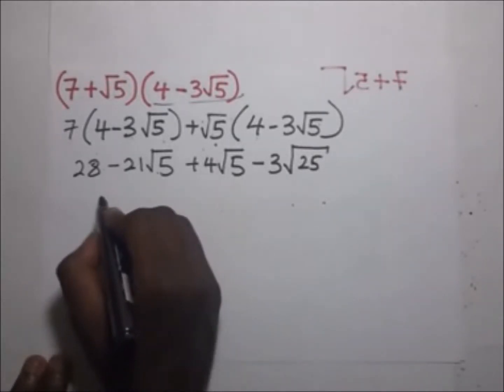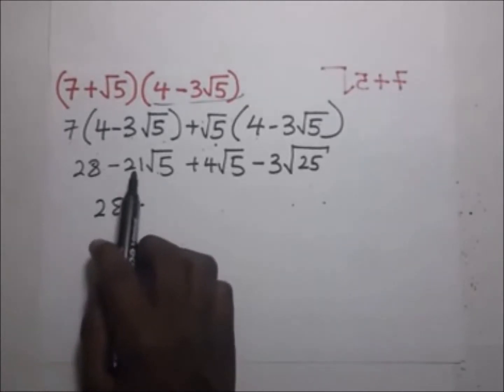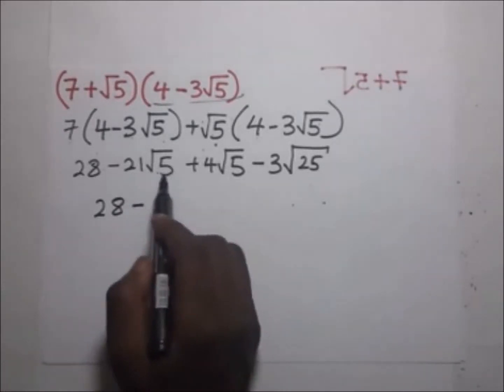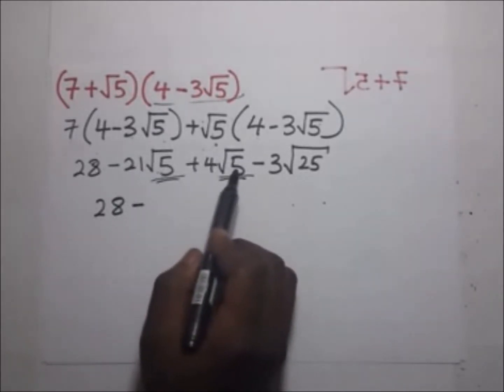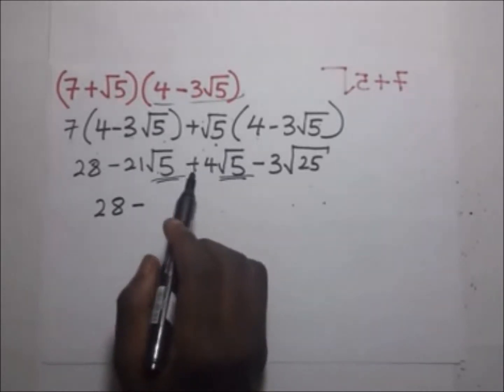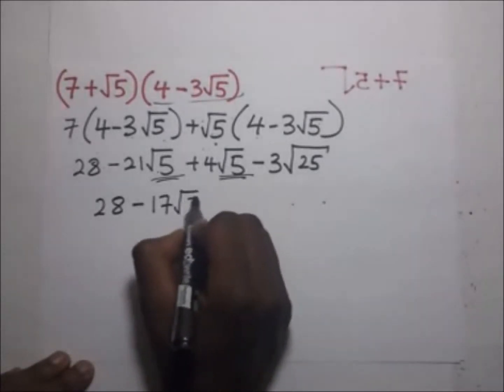So this becomes 28 minus 21√5 plus 4√5, which is like negative 21x plus 4x, and our answer there will be minus 17√5.